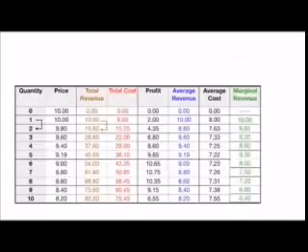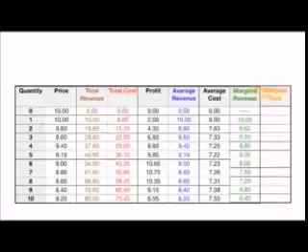Marginal cost is very similar to marginal revenue, and it equals the change in total cost divided by the change in quantity. When I go from 0 to 1 quantity, total cost goes up from 0 to 8.